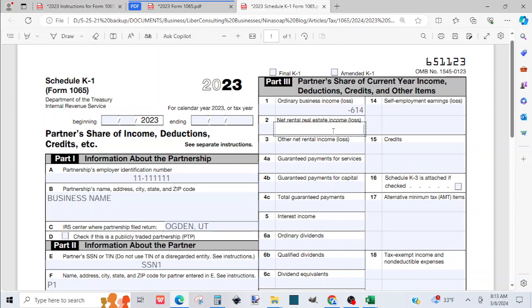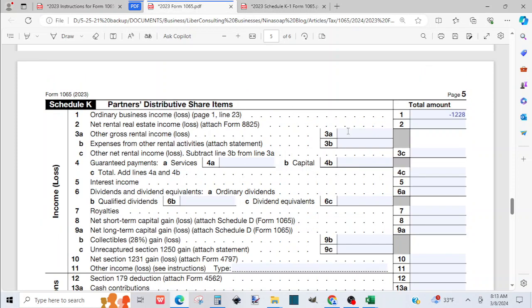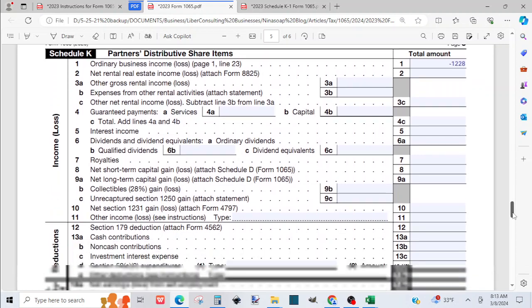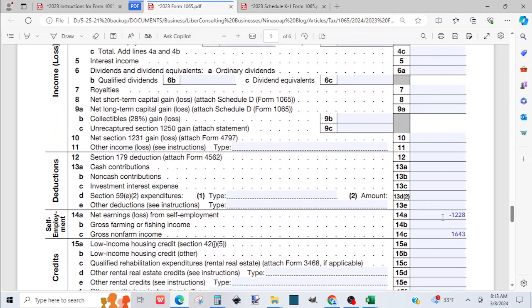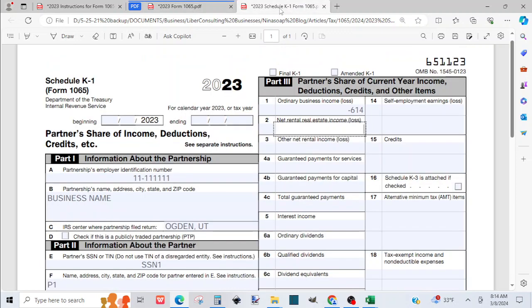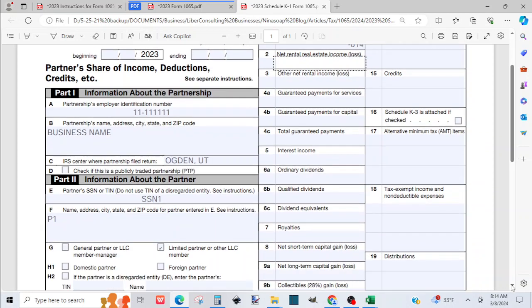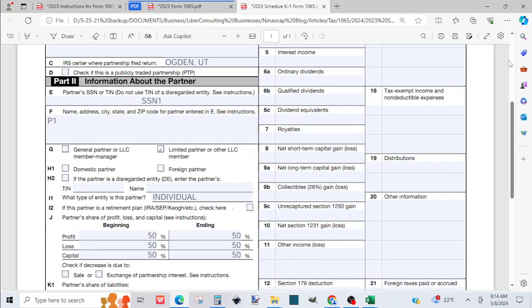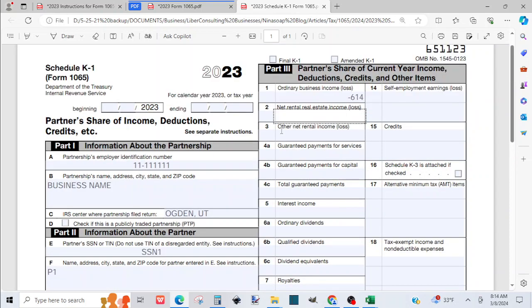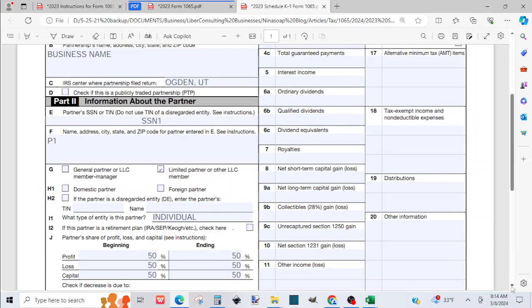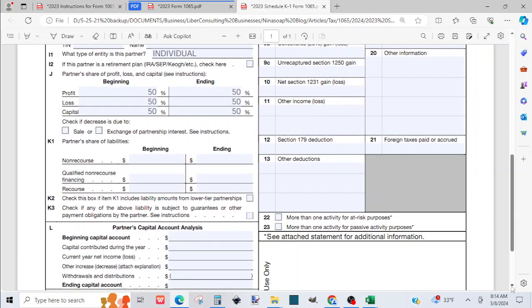We do not have anything on line 2 of the Schedule K. Therefore, I'm going to just go through it, and we have something on 14A and 14C. You can see they are just the same compared to Schedule K, but on Schedule K1 they have boxes that you are going to put codes on.